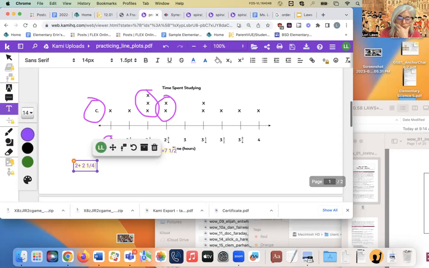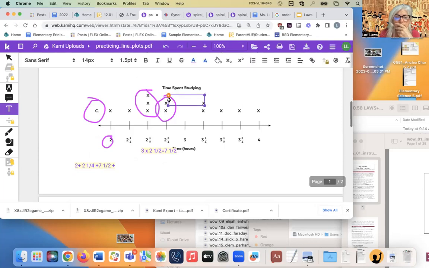So let's go over here and do plus 7 1/2. Okay, and now we go to the next one. 2 3/4 times 2. Well, 2 times 2 is 4. And 3/4 times 2, if I borrow one of the quarters, that makes another one.